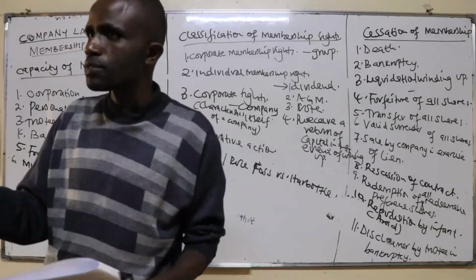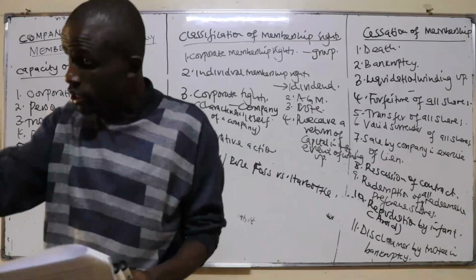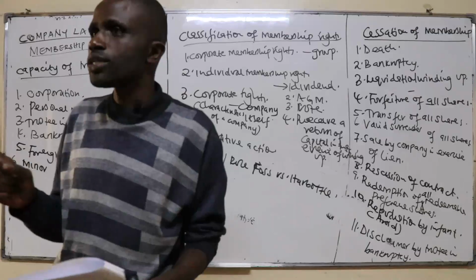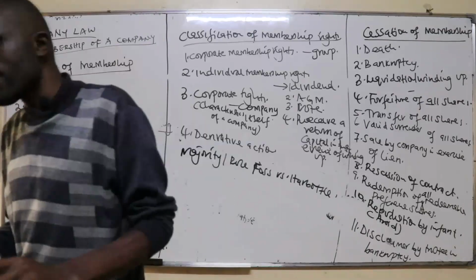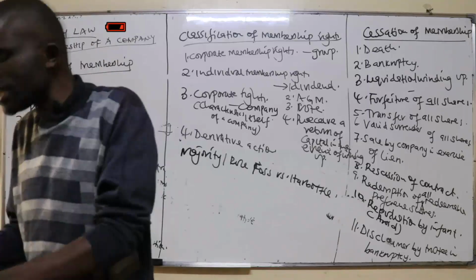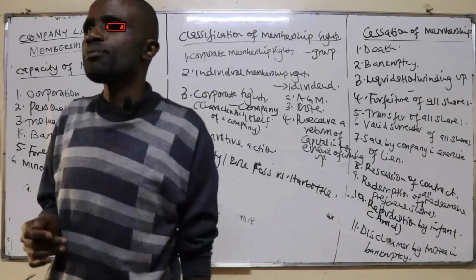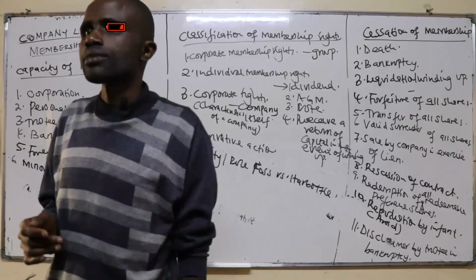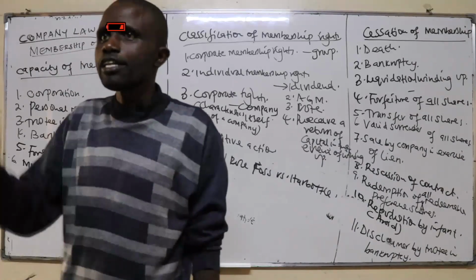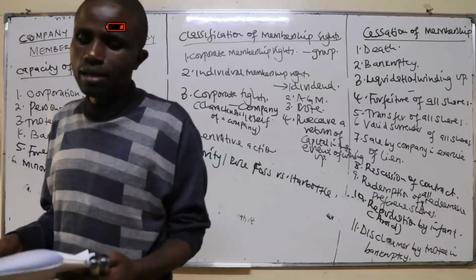A special majority means that three quarters of the members approved the alteration. It did not reach that threshold, and yet they want to proceed with altering the memorandum of association. An individual shareholder can sue on behalf of the company.